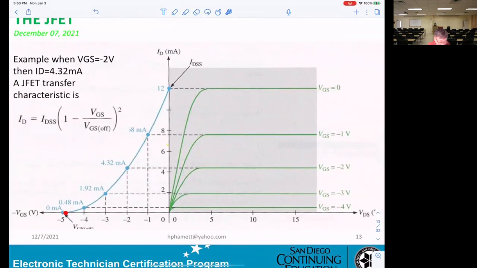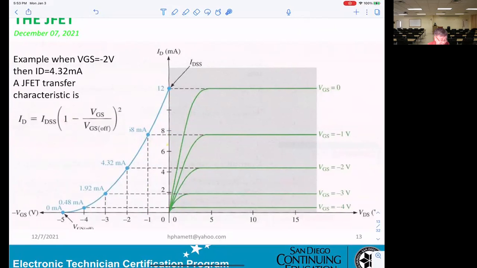That's very complicated, not easy. On this curve, this point they normally call a Q point. At this point, you can identify ID, going this way, and you can get VGS, going down.